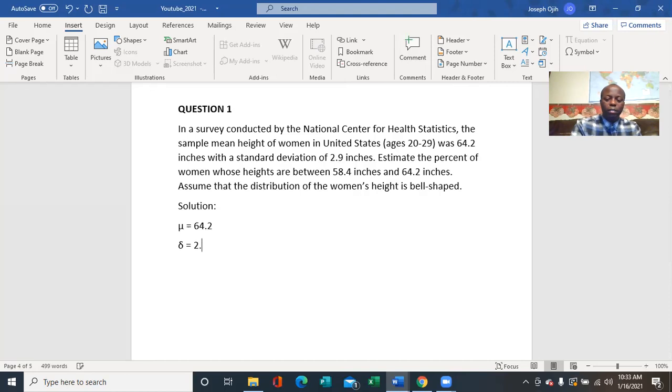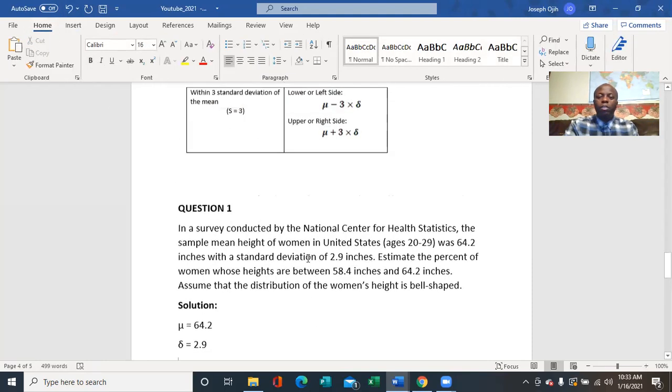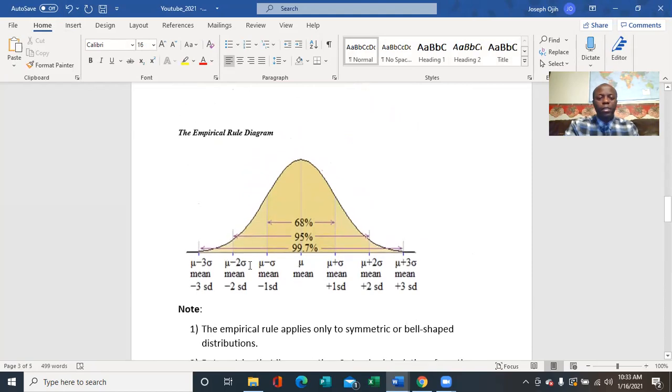So, like I said, the first thing you do is to draw the normal curve, then get the values for mean minus standard deviation, mean plus standard deviation, mean minus 2 standard deviations, mean plus 2 standard deviations, then mean minus 3 standard deviations, and mean plus 3 standard deviations.